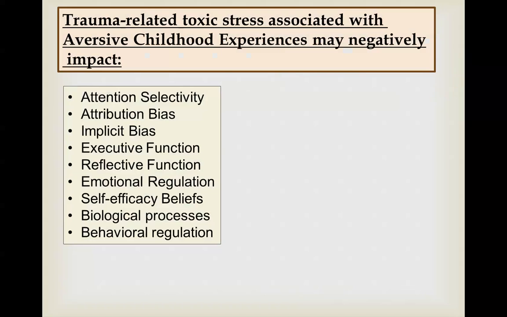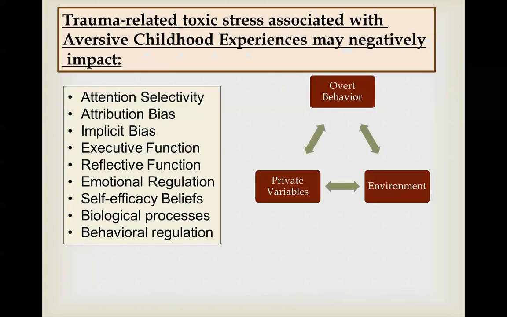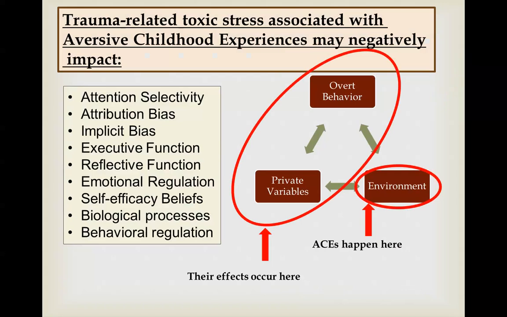So we know that trauma-related toxic stress can affect all of those private variables that Bandura identified for us. And we know that adverse childhood experiences happen in the youngster's environment, but their effects affect both the private variables and the overt behaviors.